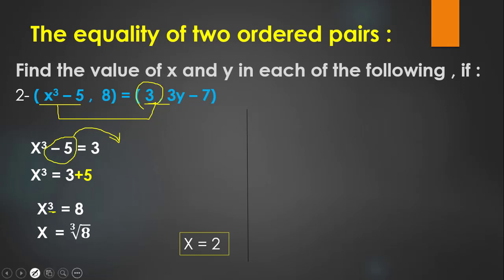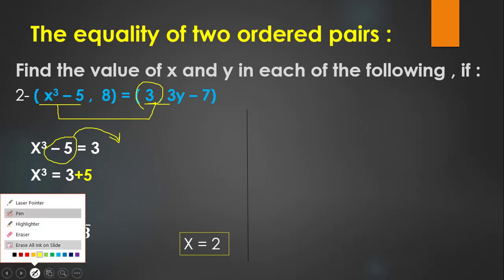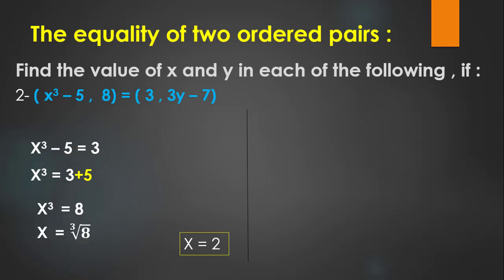Okay? Now, what about y? Here we have 8 equals 3y minus 7. So 3y minus 7 equals 8. Let's solve. I'll move negative 7 to the right hand side. It will be positive 7. So 3y will be 15. Now I should divide by the coefficient of y to get y only.